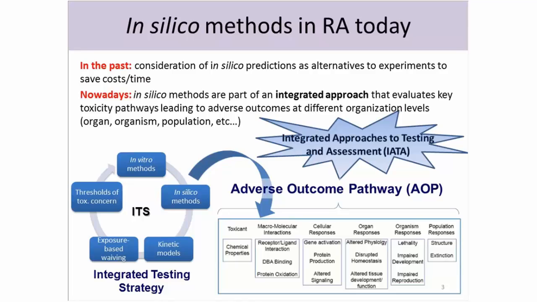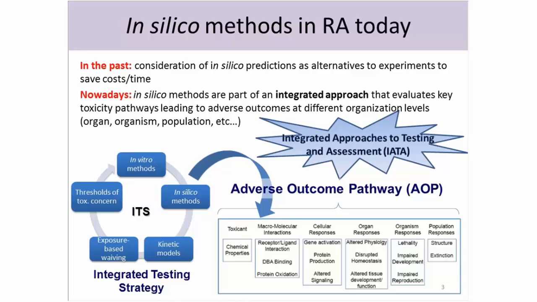So within this new framework, the in silico methods are simply one of the tools that you can use and integrate with other tools. This part here is just a list of methods that are available. In the past the in silico methods were considered only as a substitution of testing methods to save time and money.